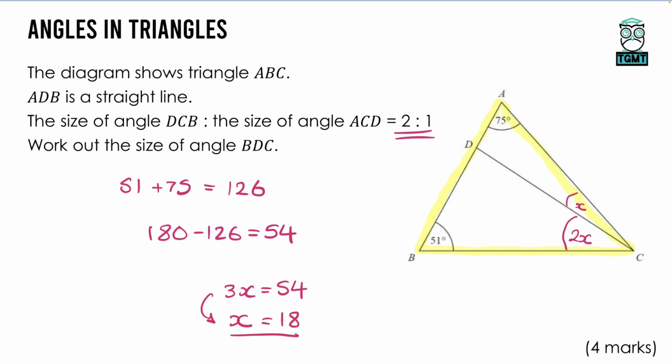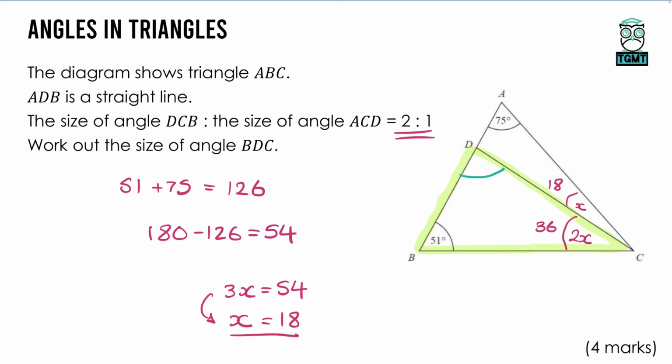So BDC is the angle that we're looking for. Well, this angle here is 18, 2x just below is 36, and now we can actually look for the angle BDC. So BDC is within this secondary smaller triangle down below, and BDC is the angle at the top there.